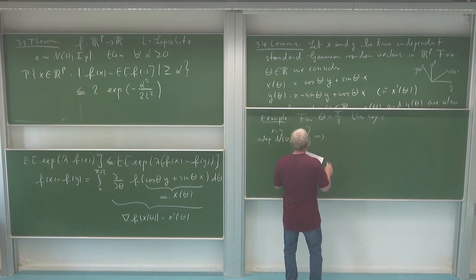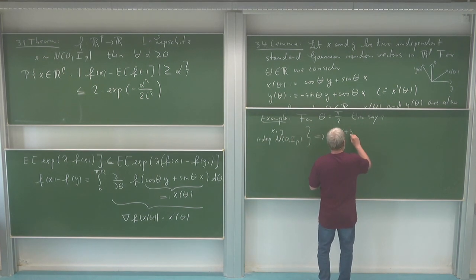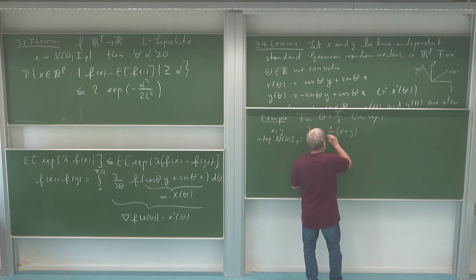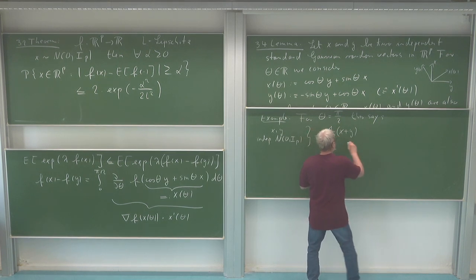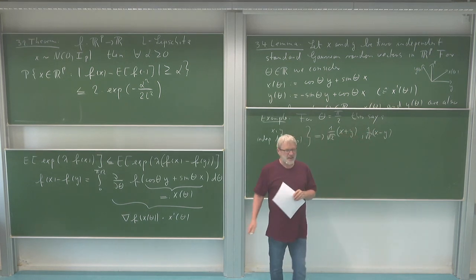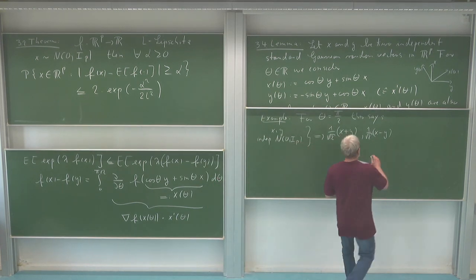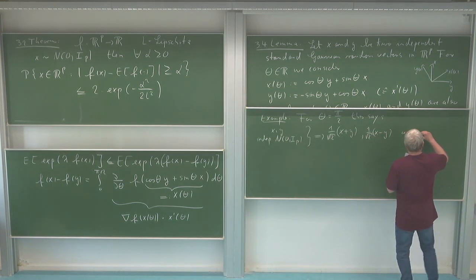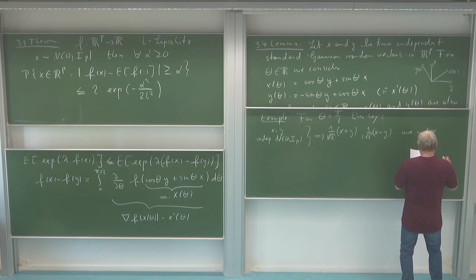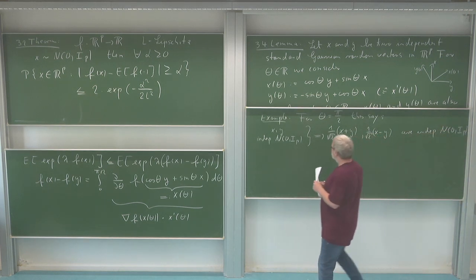And then if I'm looking at this combination, and in this case this is just x plus y divided by square root of 2 and x minus y divided by square root of 2, then this is again a pair of independent N(0, 1_p) random vectors.